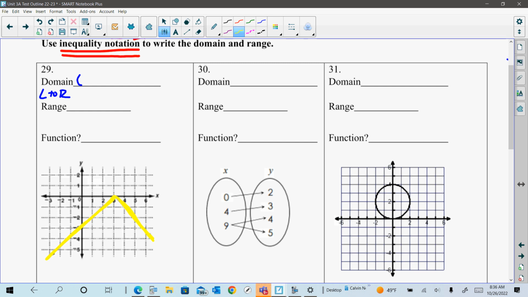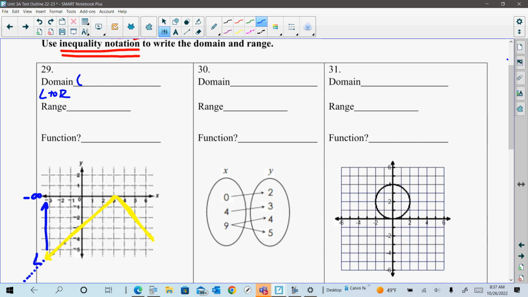So if I was tracing it going all the way to the left of the graph, that means I'm right here. Okay, and I see an arrow, which tells me it's continuous, it keeps going. But your domain is your x-axis. So when I look up, I see that arrow is pointing to the left. So that indicates negative infinity.